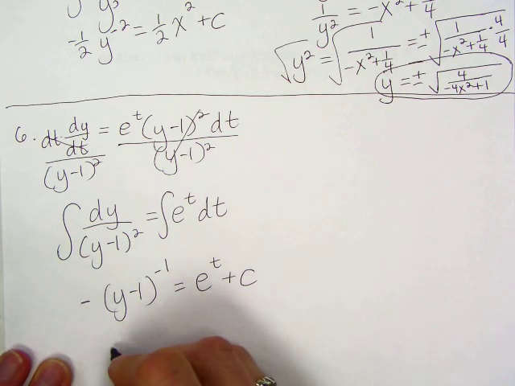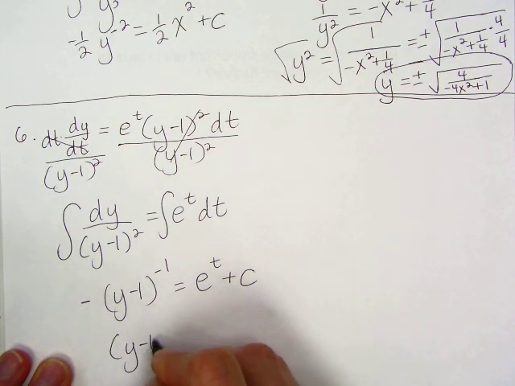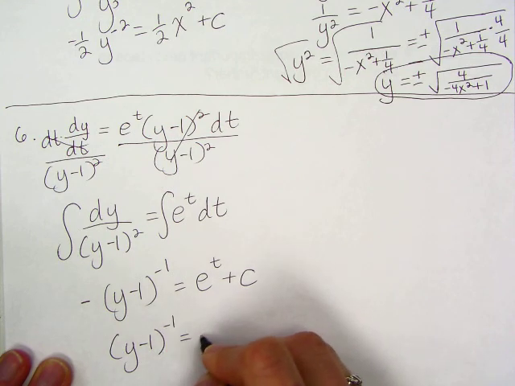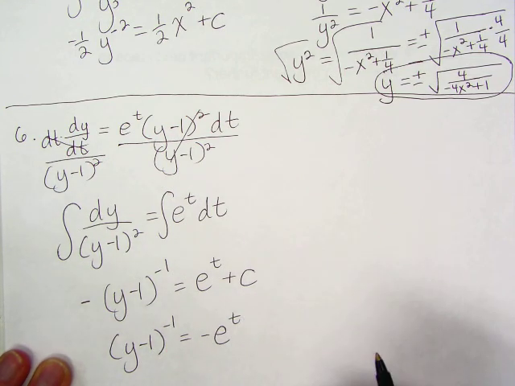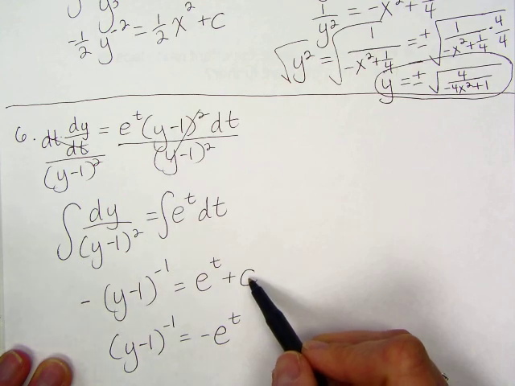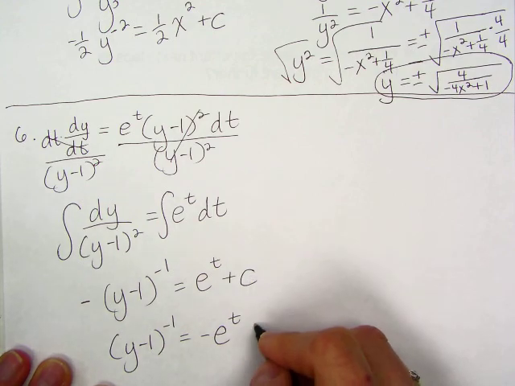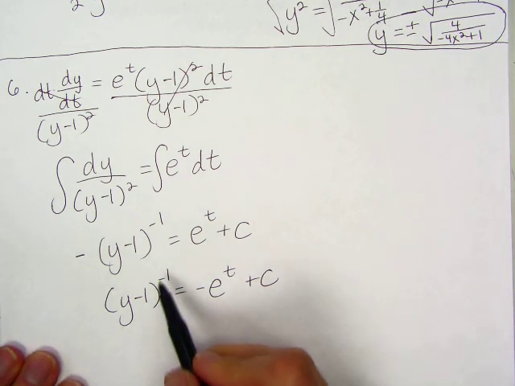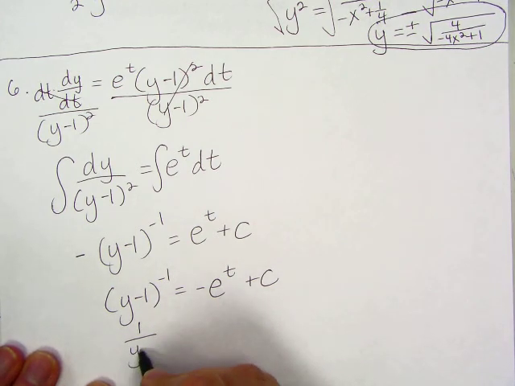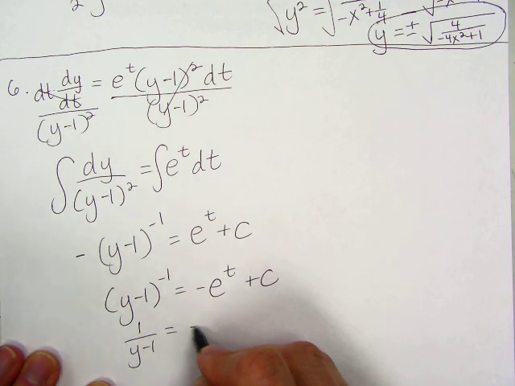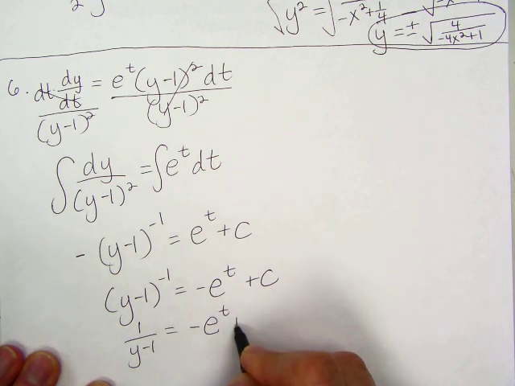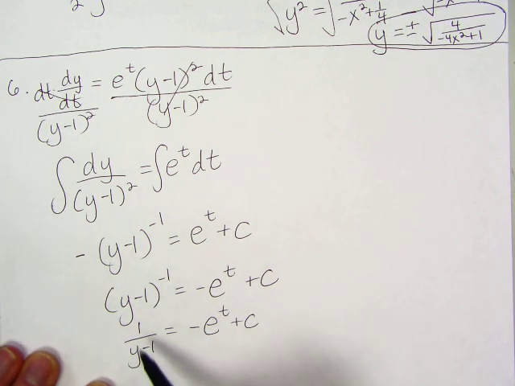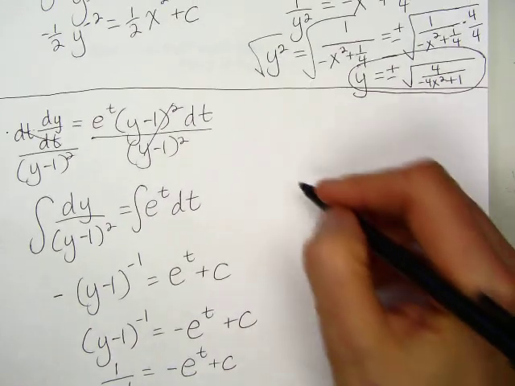Let's move that negative first, so that would be y minus 1 to the negative first equals negative e to the t. Again, some people would call this minus c now, but I'm going to leave it as plus c like our book does. This is again 1 over y minus 1 equals negative e to the t plus c. Okay, we want the y off the bottom, so we're going to flip that.